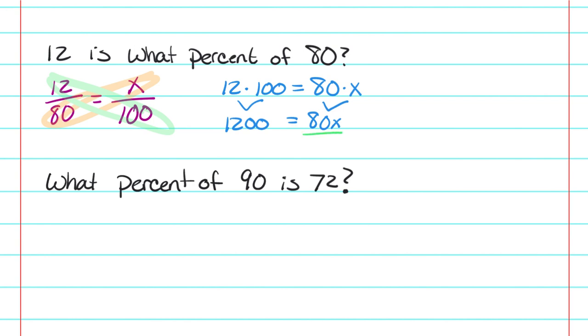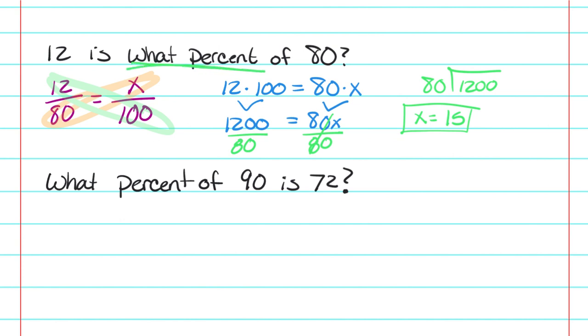Now I need to divide by 80. That'll leave me just x. Divide both sides by 80. 80 goes into 1200 how many times? You're going to end up with x equals 15. But I'm looking for what percentage, so it would be 15%.